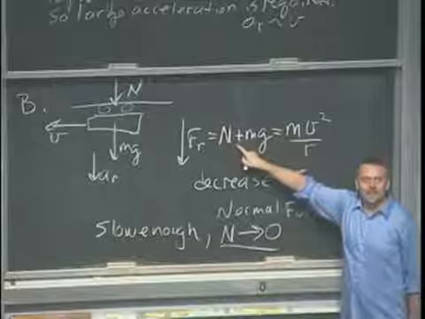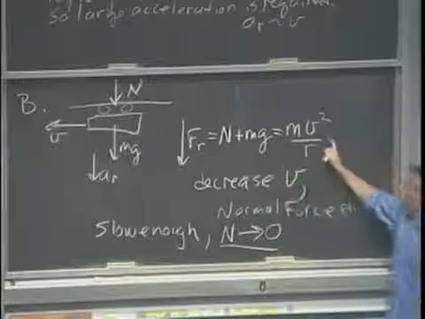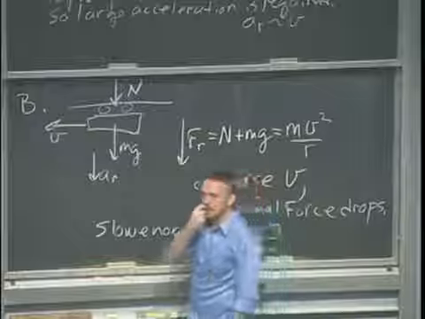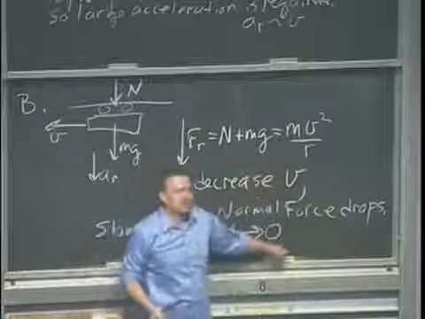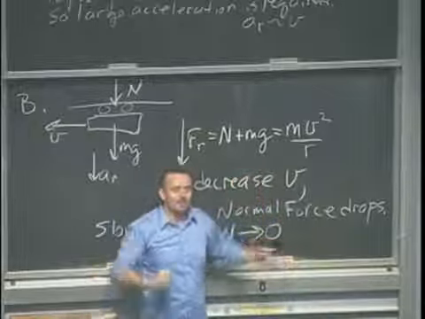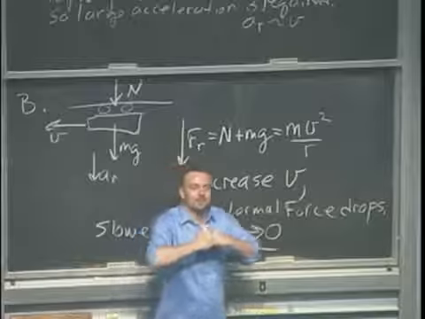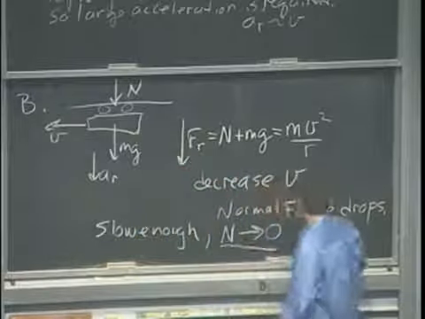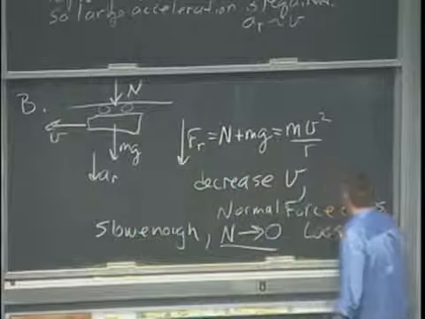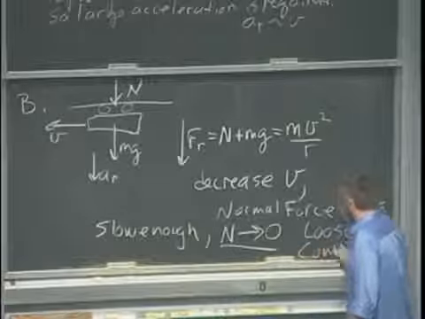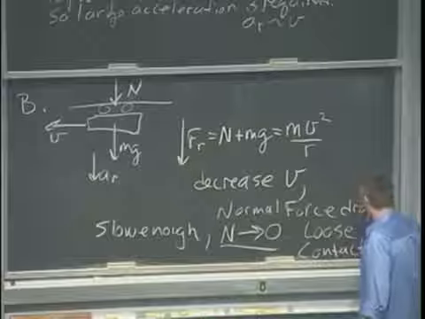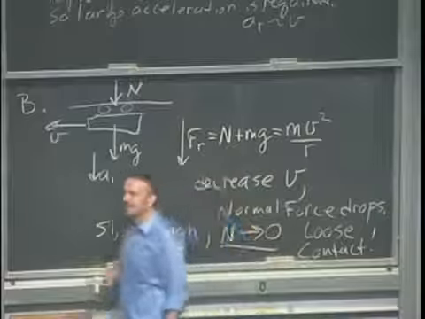If we decrease that speed slower and slower, gravity isn't changing, but the normal force is dropping. You need less and less normal force in order to hold that car on the track. If you get to the point where the normal force is 0, remember, normal force comes from two objects pushing together. If the normal force goes to 0, then that means the car has lost contact with the track and it falls.